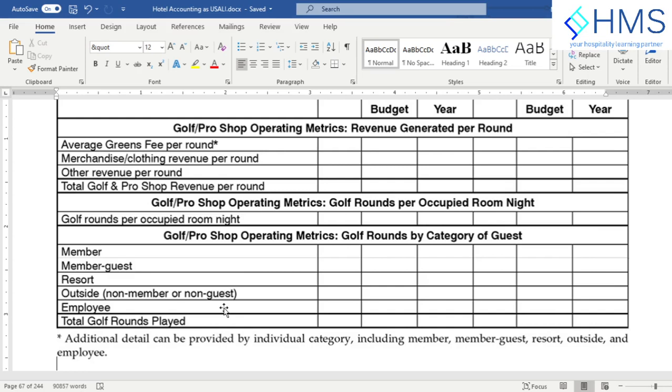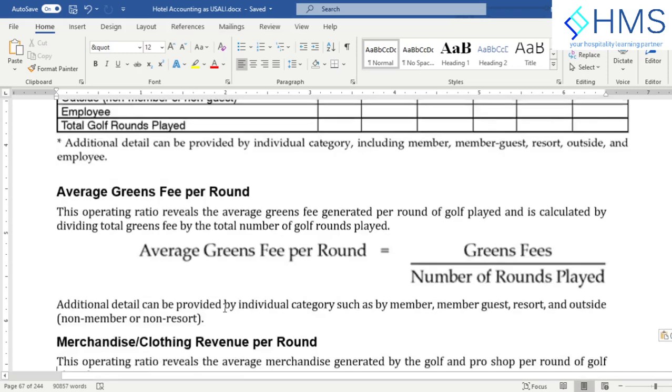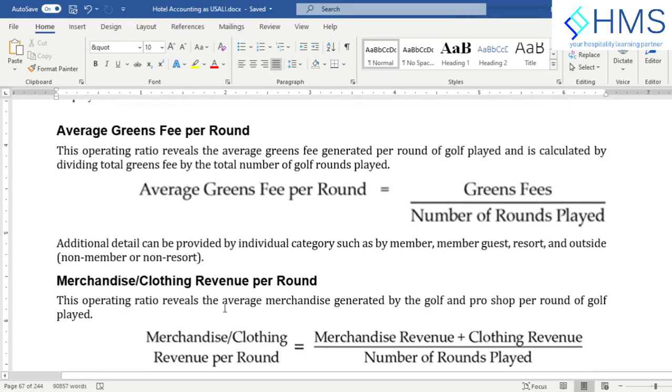So this is important for you while you are setting up the chart of accounts for the golf courses. Then you have to make sure that you have a special provision or a metrics report for getting this data. So the formula for average green fee is green fee divided by the rounds played.